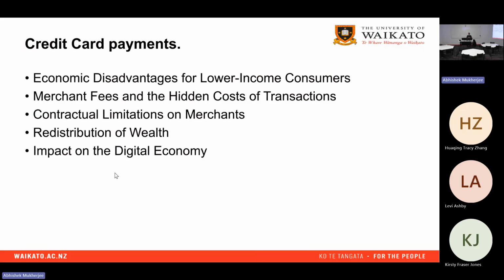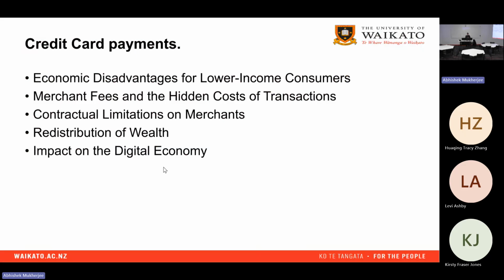Now, obviously, the businesses are not absorbing these merchant fees. They have it built into the price. Now, think about it. I use a credit card, and there's another person who doesn't use a credit card, right? Because I'm using a credit card, the prices for the persons who are not using credit cards are also increasing because the merchant fees are built into the price.